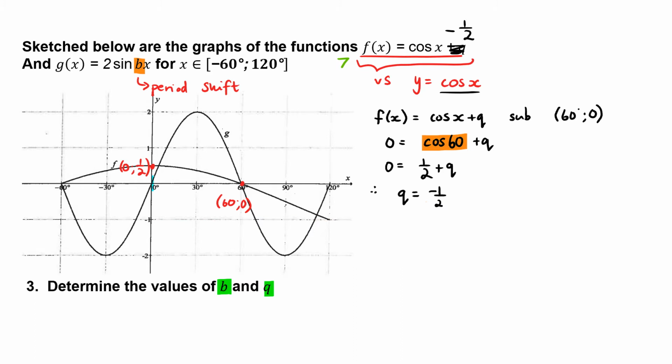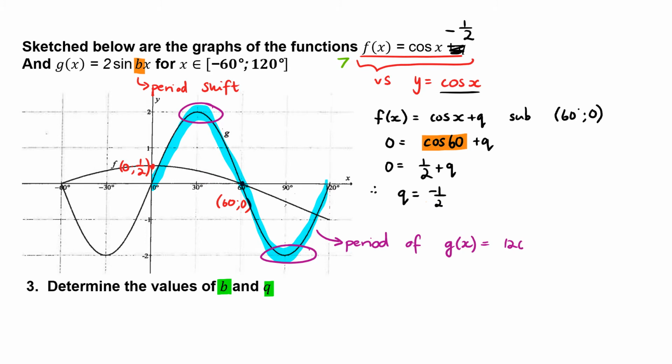So we can see that from there, to make one wavelength, and for a sine graph, it's got to have one peak or one maximum and one minimum. So there we have our one maximum and our one minimum. So we can work out then that the period of this graph that we are given, g of x, is 120 degrees, because that is the value over there.